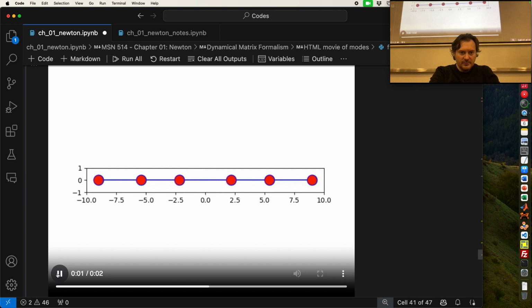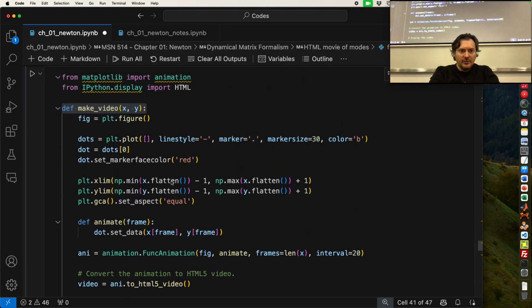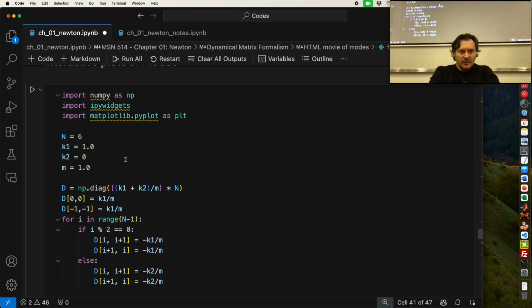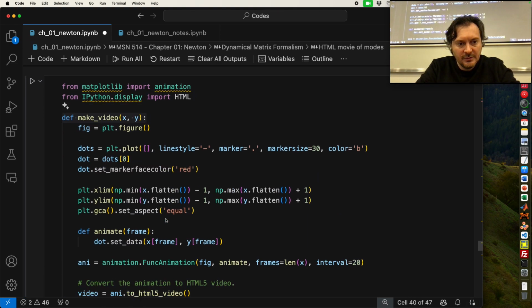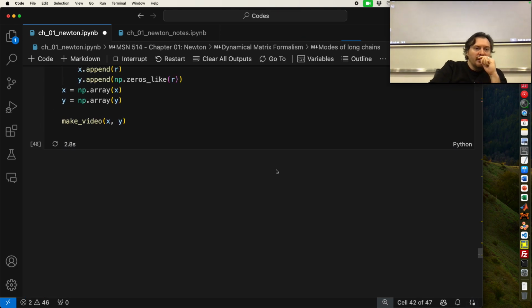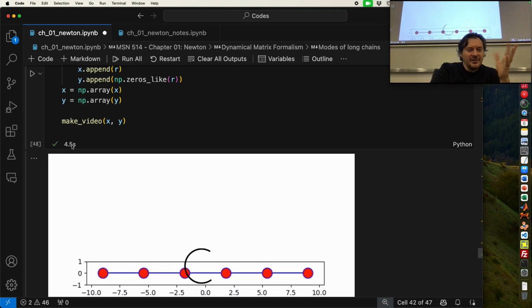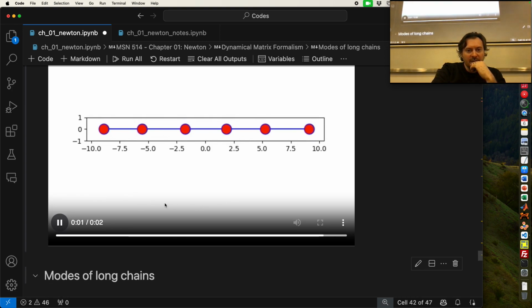Look, right? If you need to see your modes at home, you can use this feature. Let me just run this one again so that you get a proper mode. The only problem is that it takes like 5 seconds of your life. Okay? And it keeps moving, it just loops.